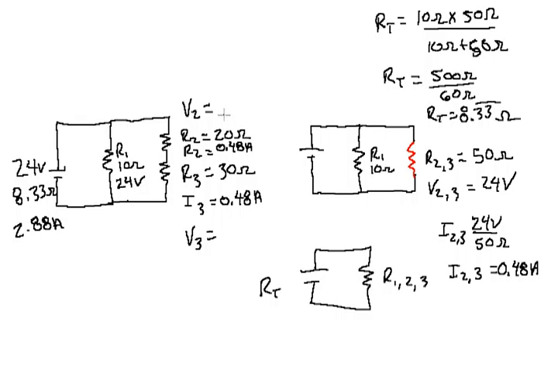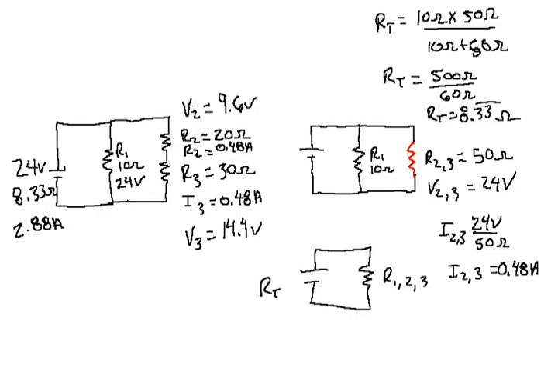Now we can find V2 and V3. Well, V2 is 20 times 0.48, 9.6 volts, and V3 is 0.48 times 30, 14.4. These two should add up to 24 volts.